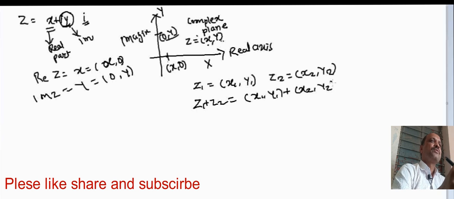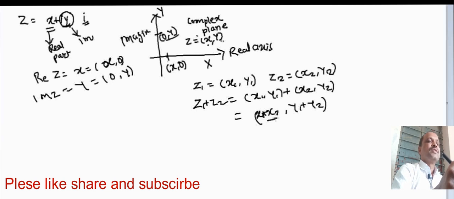Addition is component wise: x1 plus x2 comma y1 plus y2, again a real part and an imaginary part. So the addition of two complex numbers is again a complex number.